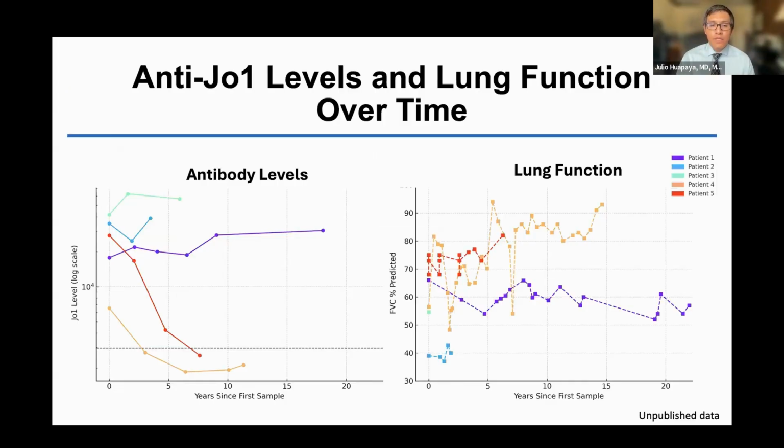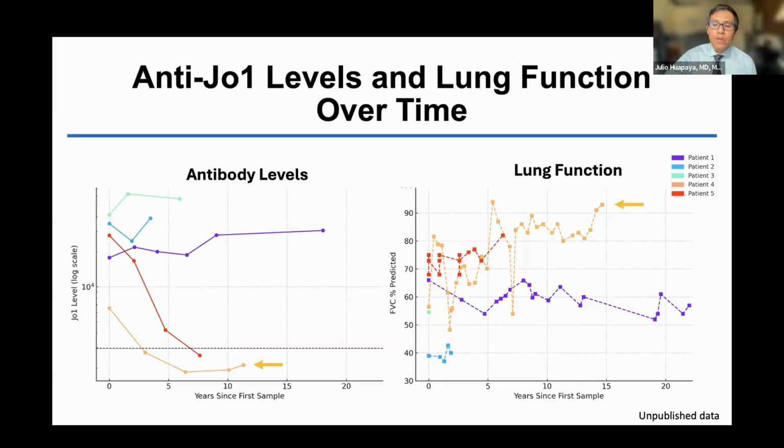And as you see, we're talking about samples that were followed for more than 15 years, because with our assay, we were able to detect Jo1 levels early on, and these levels became negative over time.